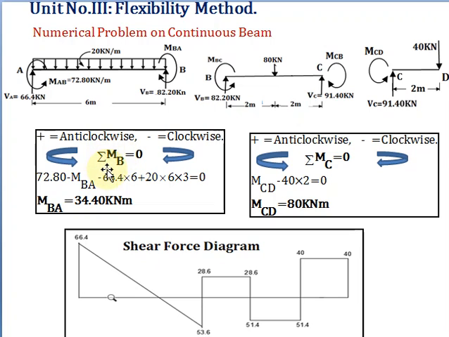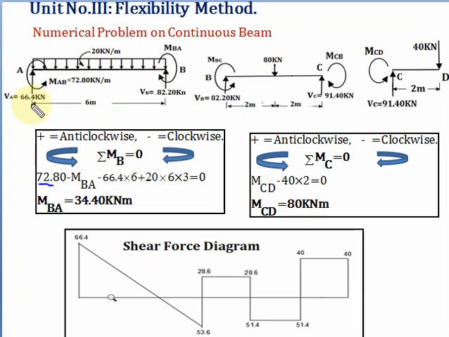Now again we are taking the summation of moment at B equal to 0, considering anti-clockwise positive and clockwise as negative. Here this MAB is acting in anti-clockwise direction, so positive. Minus MBA, this moment is acting in clockwise direction, so minus MBA.